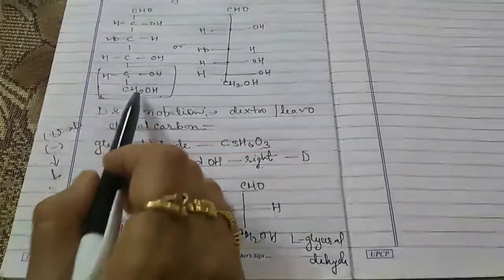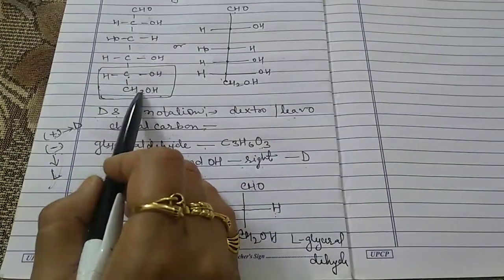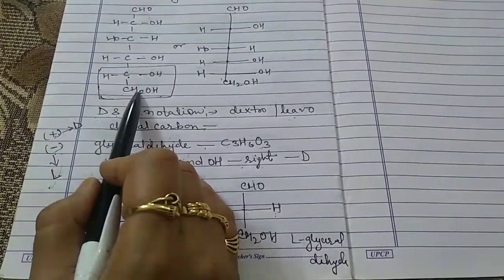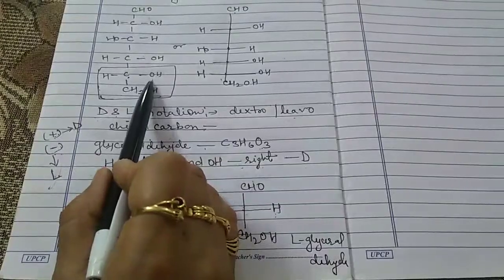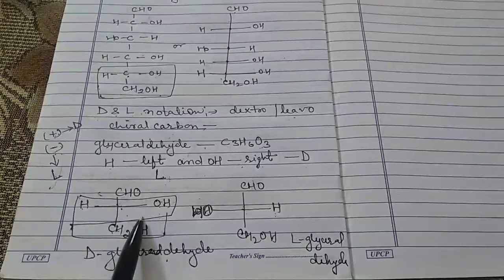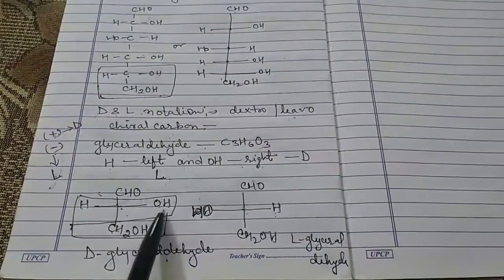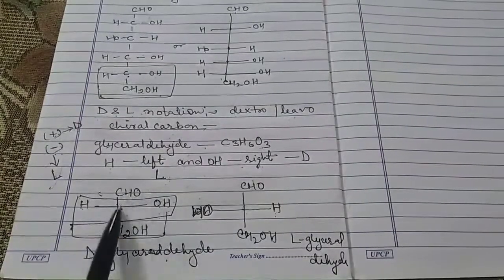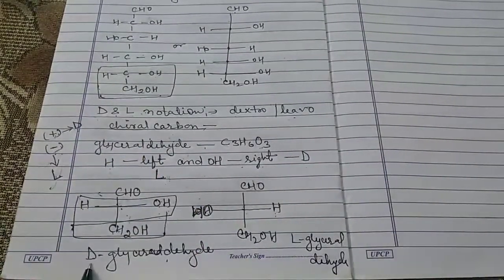As in plus glucose, the OH on the lowest asymmetric carbon atom is at the right hand side. Similarly, if we compare it with glyceraldehyde, again the OH group is at the right hand side. So for that we use the D configuration.